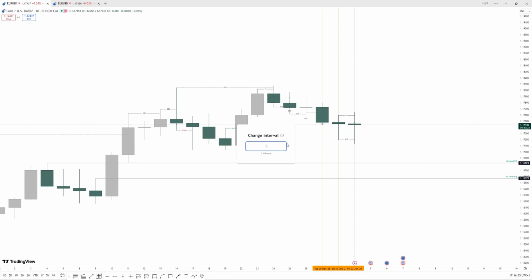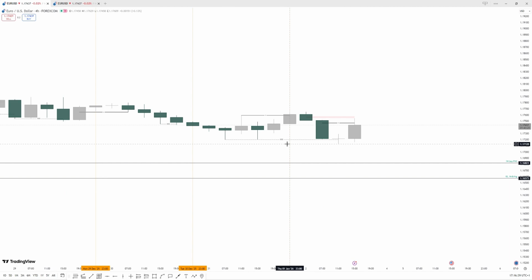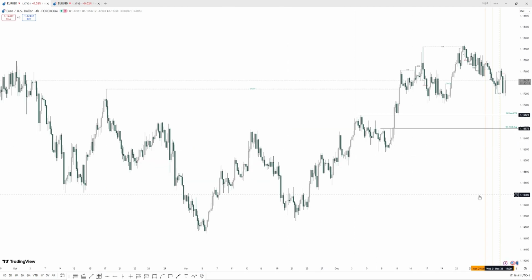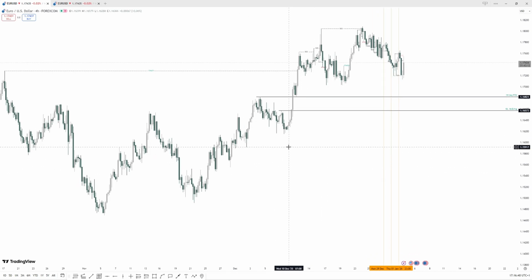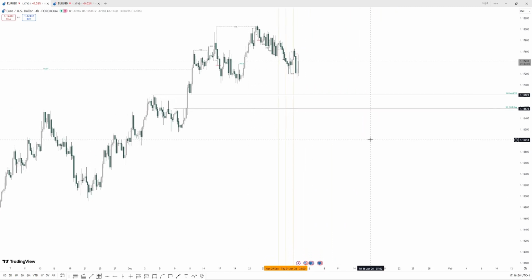Let's go to 4 hours. Yeah, this is 4 hours. So we know from the indication that the overall trend of the market is bullish, right? But I have marked something out.